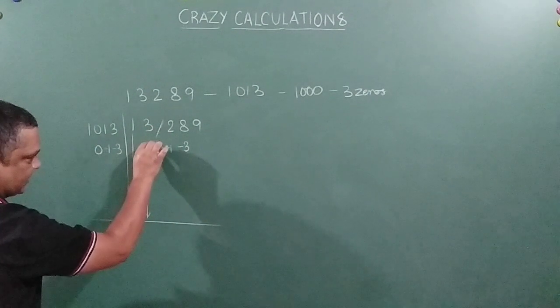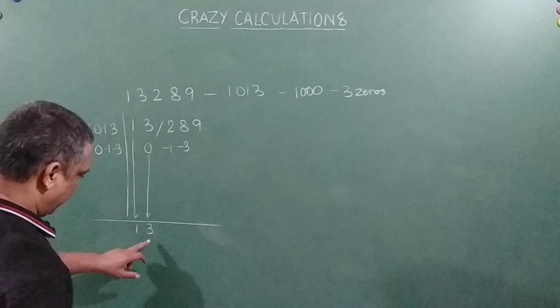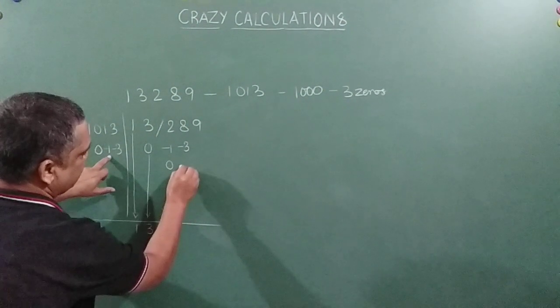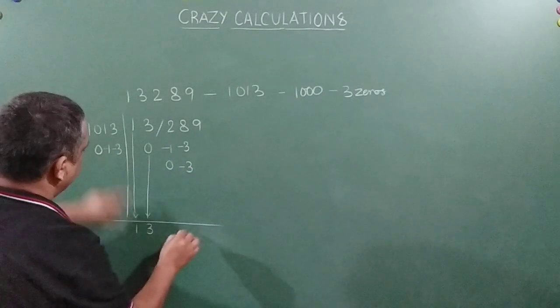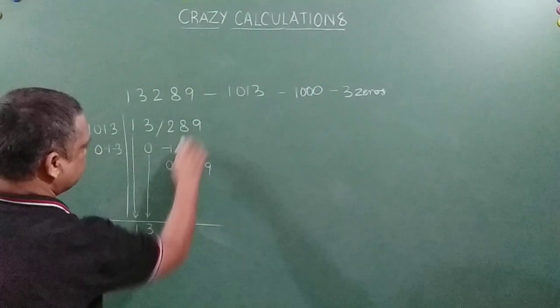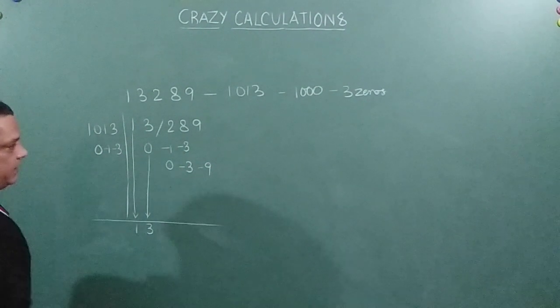Second column, 3 plus 0 is 3. Correct? Now again, 3 into 0 is 0. 3 into -1 is -3. 3 into -3 is -9. Have I reached? Yes, I have reached, so no more further multiplication. Stop it at this point.